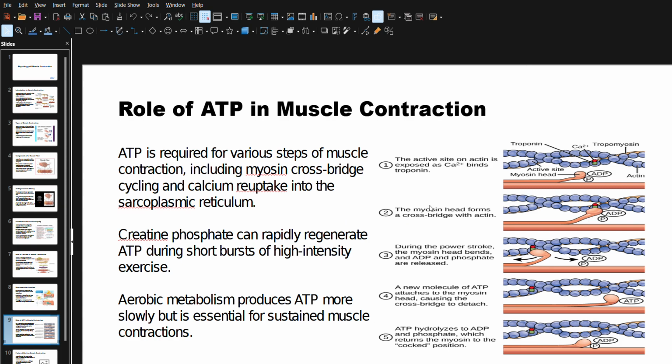A new molecule of ATP attaches to the myosin head, causing the cross bridge to detach. Again, here the head is being detached. ATP hydrolyzes to ADP and phosphate, which returns the myosin to the cocked position. Here you can see the position again. So these are the different steps which take place in muscle contraction.